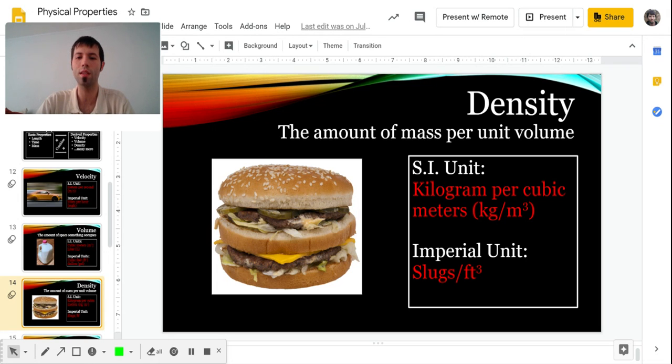The SI unit for density is kilograms per cubic meter, although we'll be using grams per milliliter in just a second. Imperial units, which again are completely irrelevant, there really are no imperial units for density, slugs per cubic foot. So take that for what it's worth.